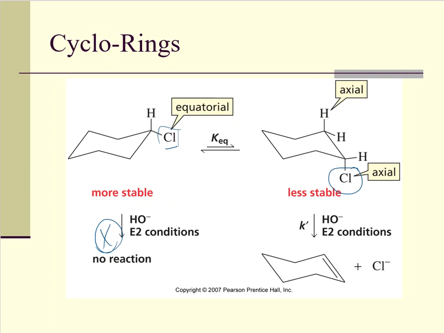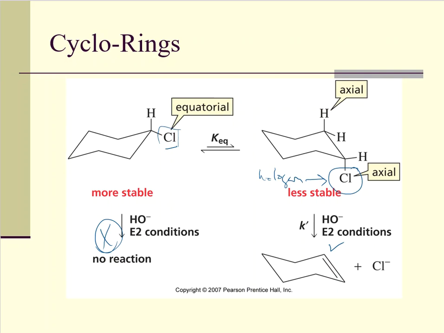So the axial positions of the halogens, because remember we're talking about the halogen groups, are going to be less stable. Therefore, elimination reactions can happen with those. However, over here on the left-hand side, these halogens are equatorial.